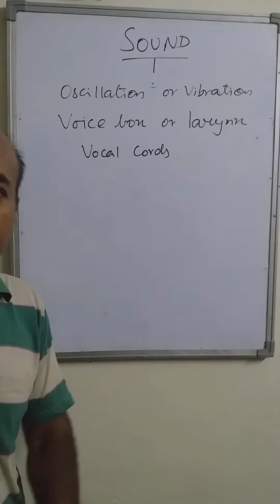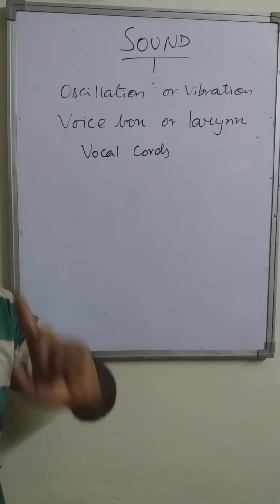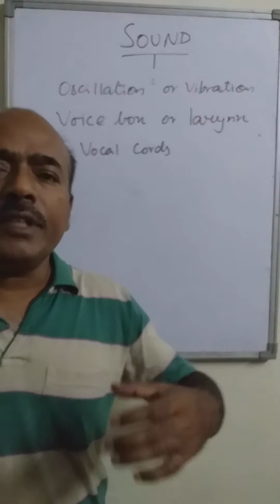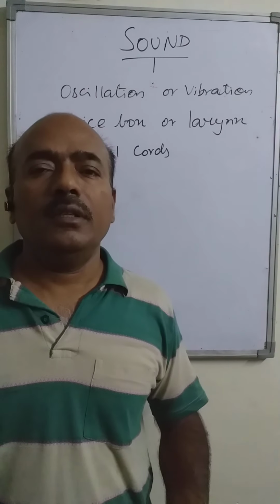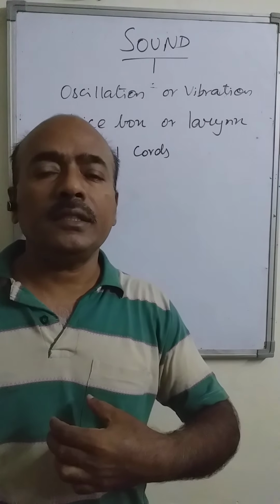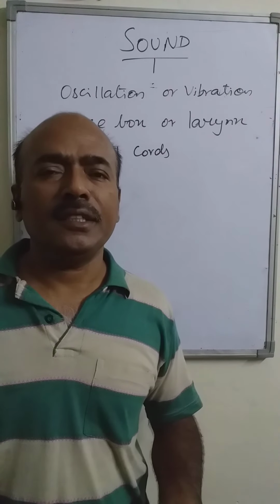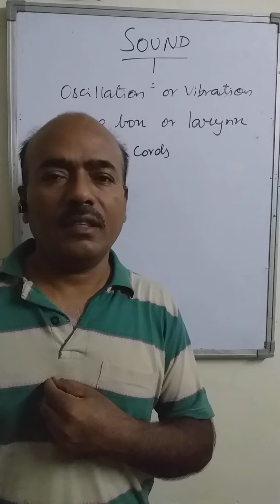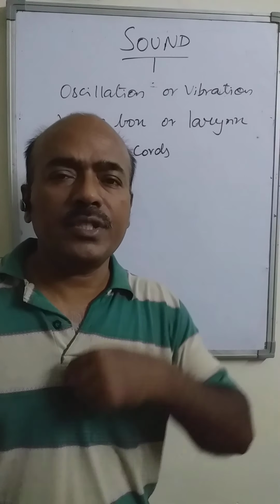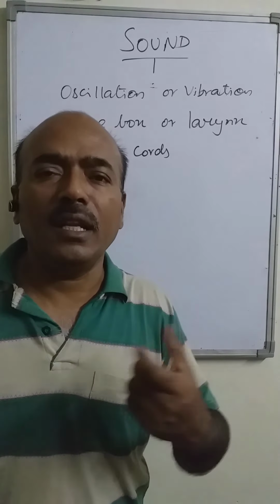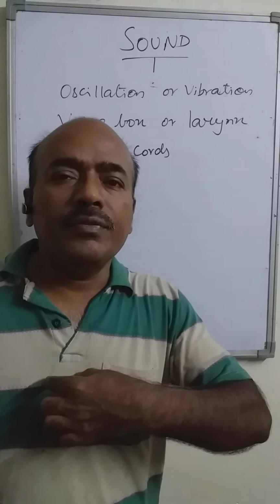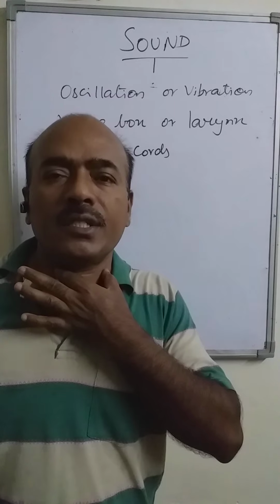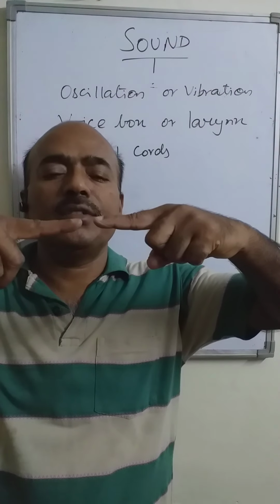So basically the sound is produced from the vocal cords. How? Whenever we force out air, the air is forcibly coming out from the lungs. That forced out air strikes the vocal cords.